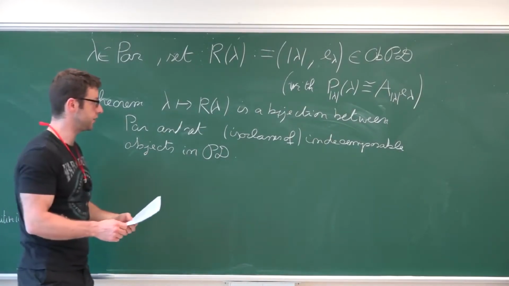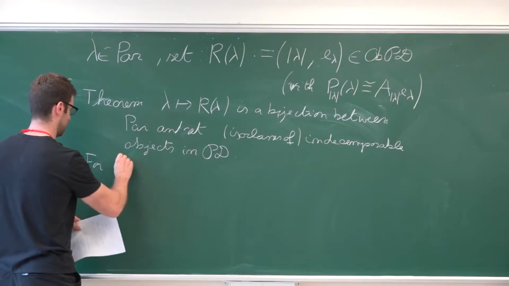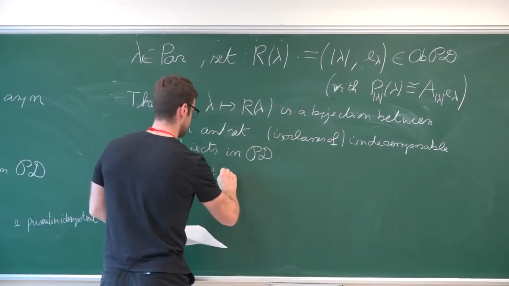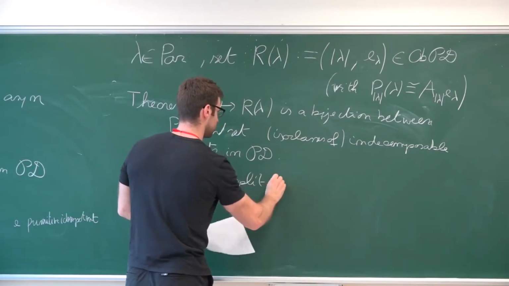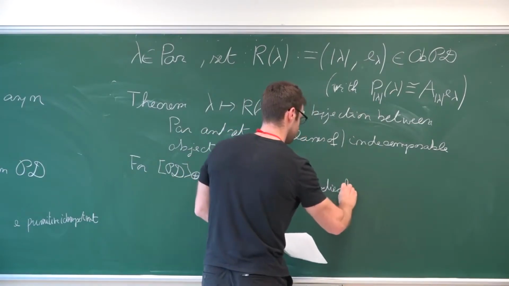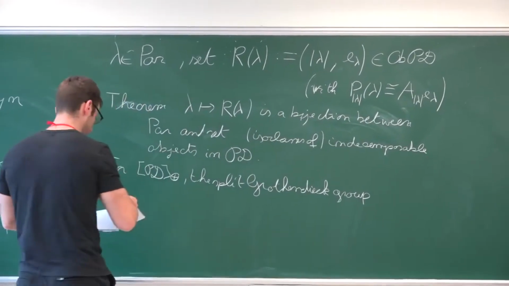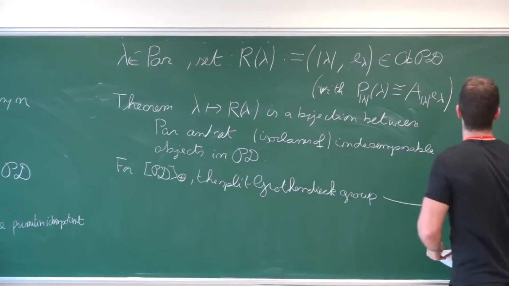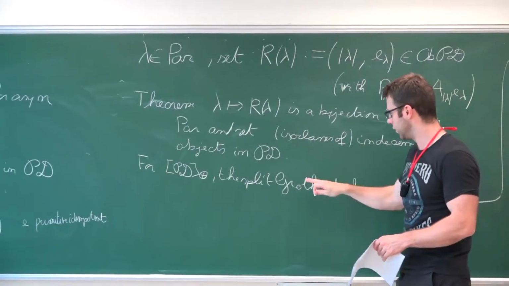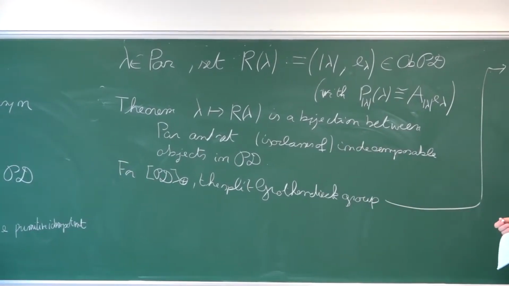Another way of formulating this is in terms of the split Grothendieck group. This is, by definition, an analog of the actual Grothendieck group for abelian categories, which makes sense for additive categories.